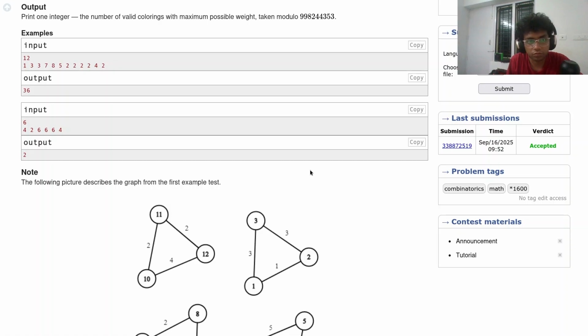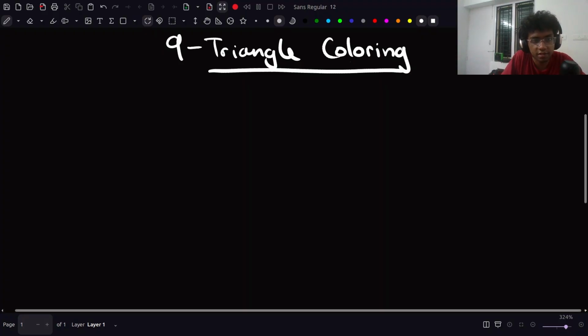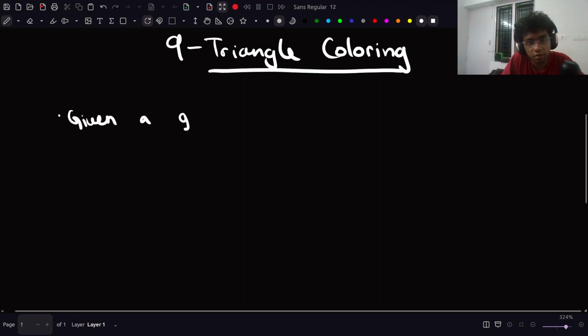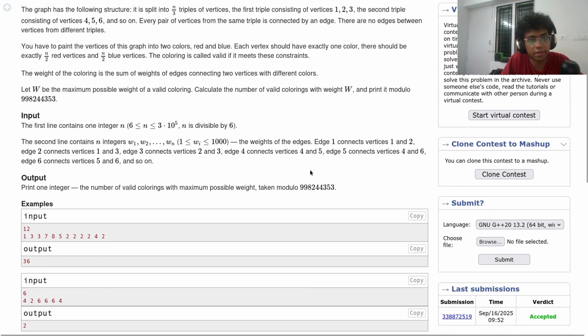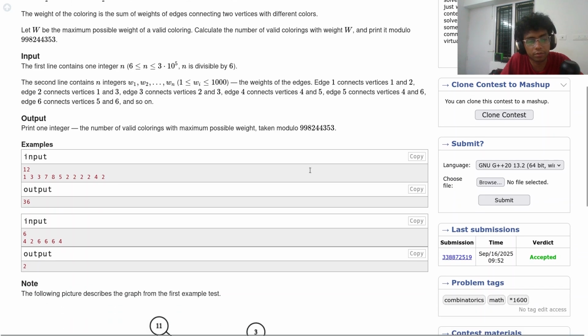The question says we are given a graph with n vertices where n is divisible by 6. Pay attention: the constraint says n is divisible by 6.